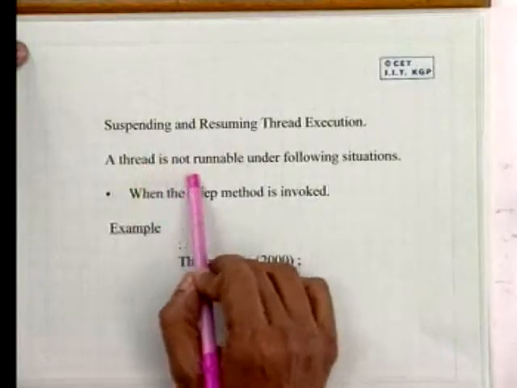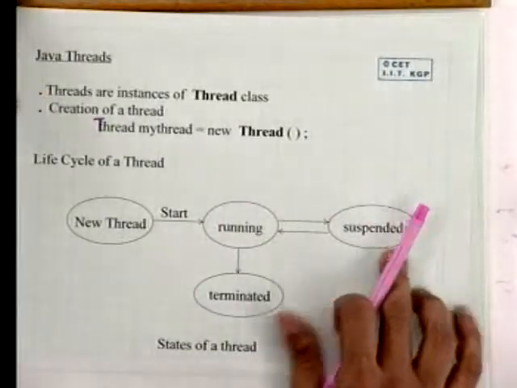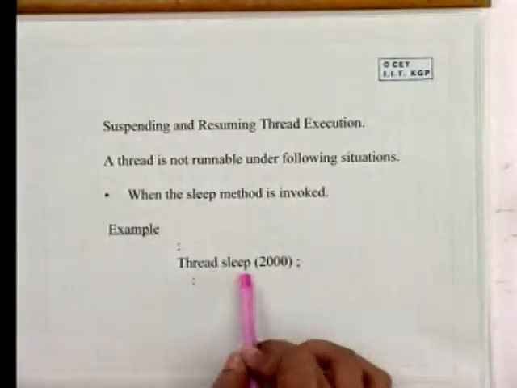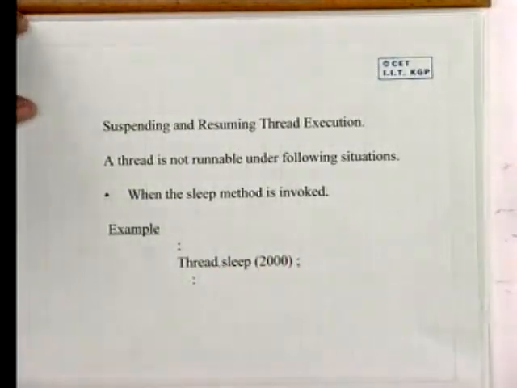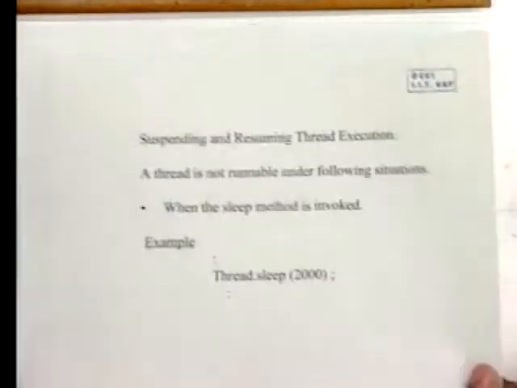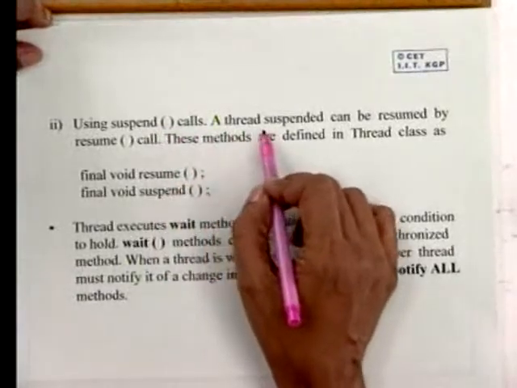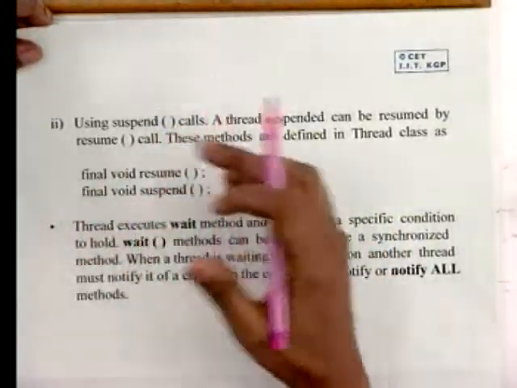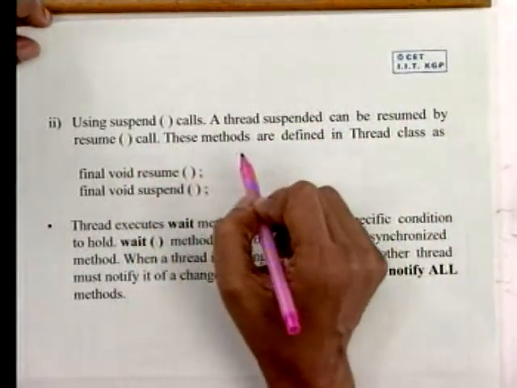A thread which is not runnable means you can push a thread into a suspended state, either with the help of method execution like sleep, or with the help of some specific calls. Using suspend calls, you can deliberately ask a thread to be suspended, and a suspended thread can be resumed by the resume call.